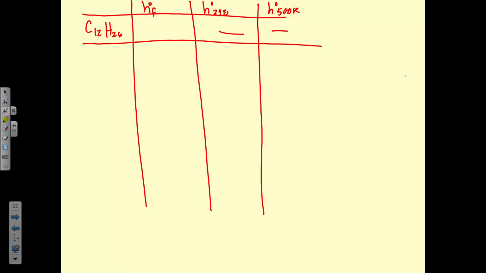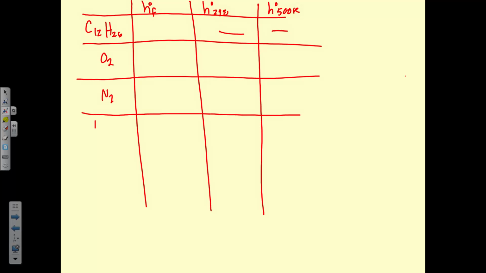We need to do it for oxygen, nitrogen, water, and we're going to assume that it's water in the gaseous form because at 500 Kelvin, water is probably not in the liquid form, and then CO2.